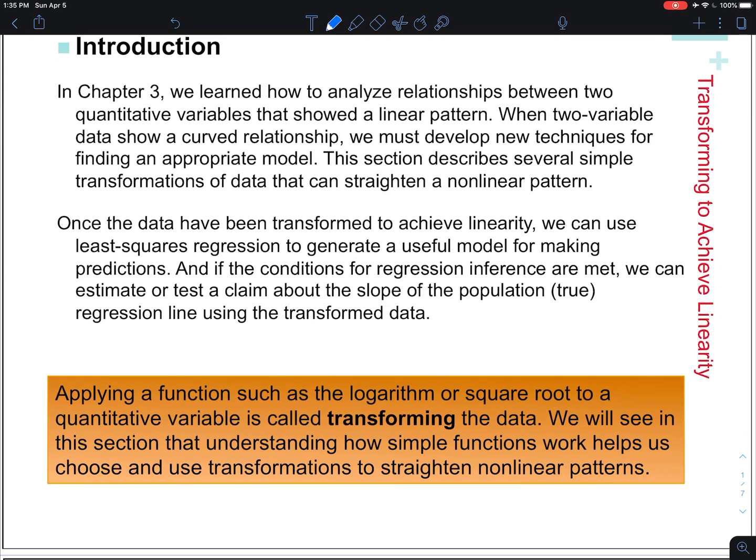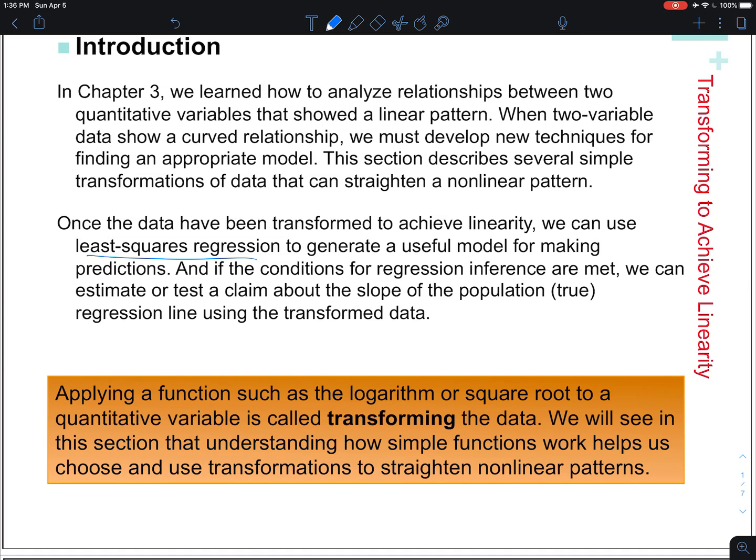You'll recall that in Chapter 3 we analyzed quantitative variables in a linear pattern, and if they were curved, we had a problem. So this is trying to solve that issue. Once the data has been transformed, we can use our strategy of a least squares regression line to generate a useful model, and assuming the conditions are met, make an estimation and test a claim and do all those things that we like to do.